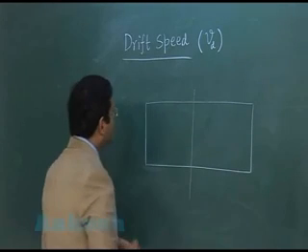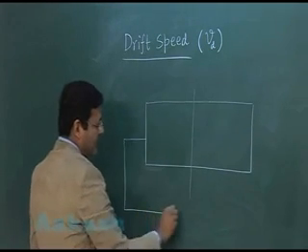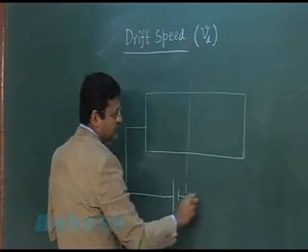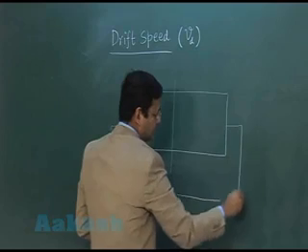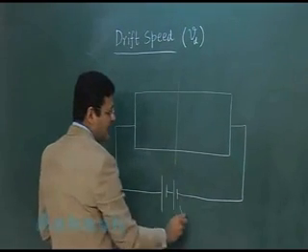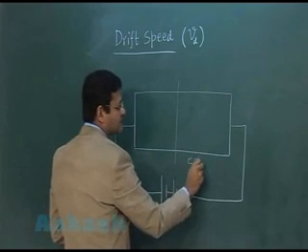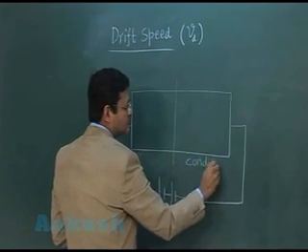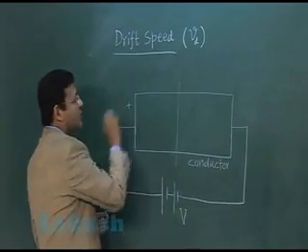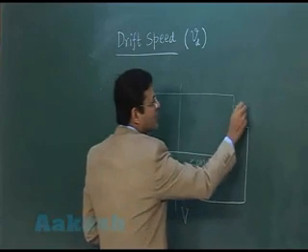But now let us suppose you apply some external voltage on this conductor. Then this is on higher side, higher potential. This side is on lower side, lower potential.